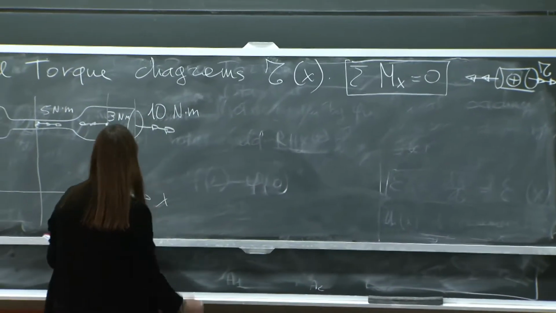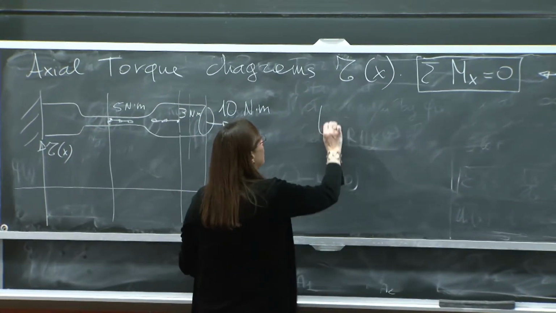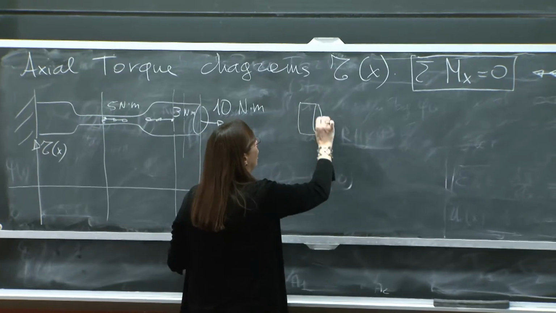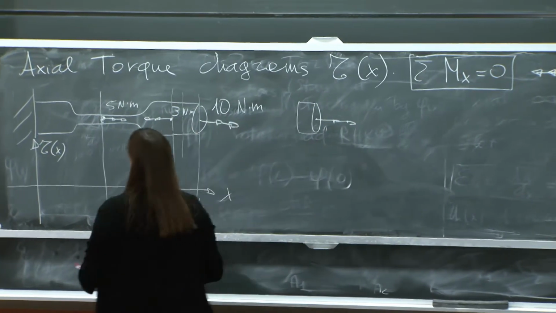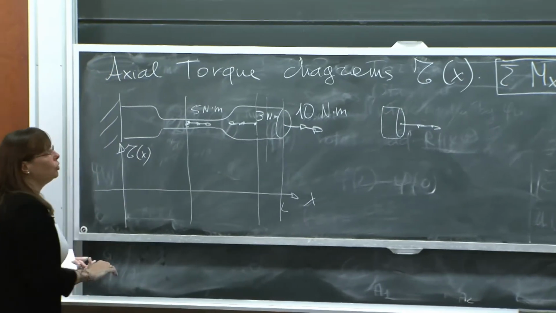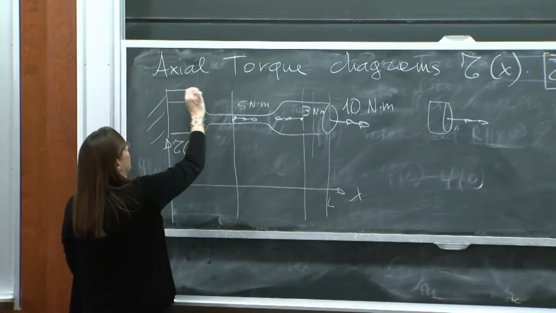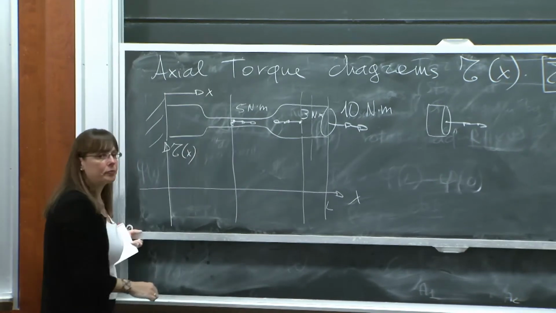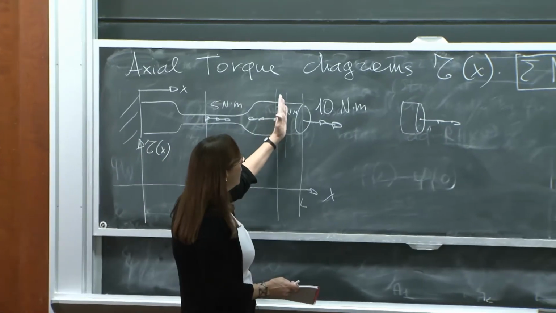Okay? So how do I build this diagram? I cut here, and if I cut here, I get only the torque at the end. It doesn't matter which way x is going to find T of x, but the way I drew it is this way, right? That's my x. Okay, so I cut here.